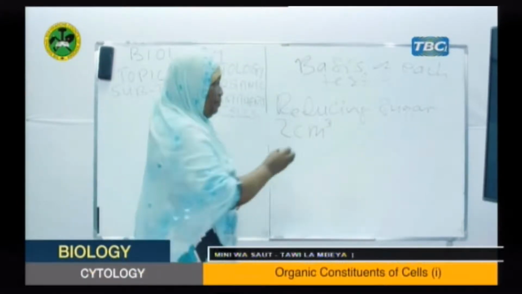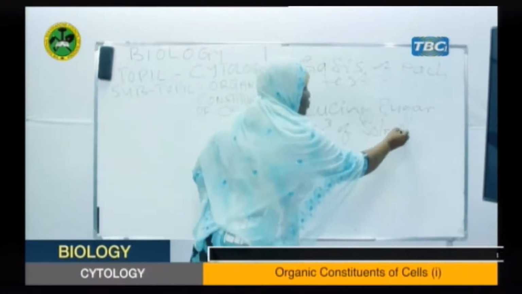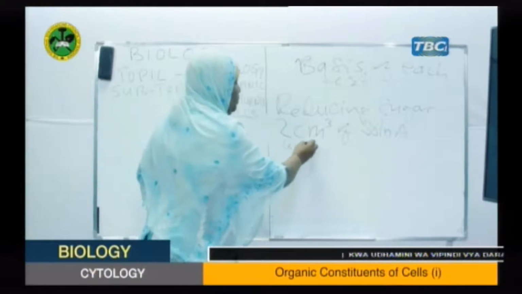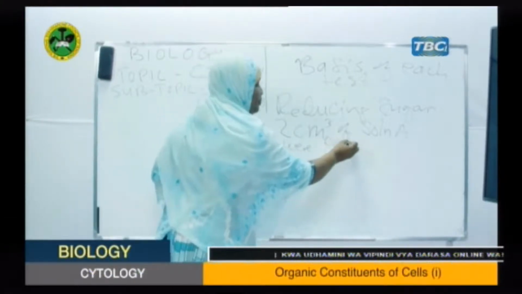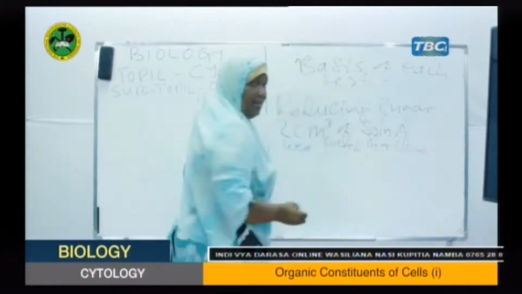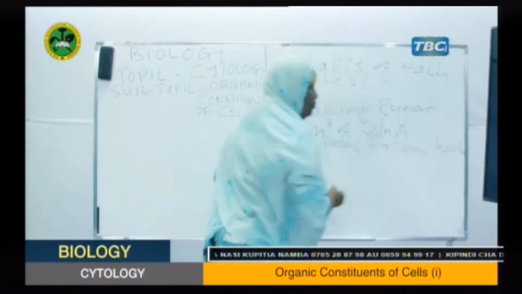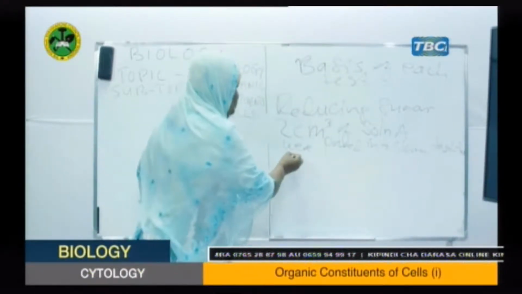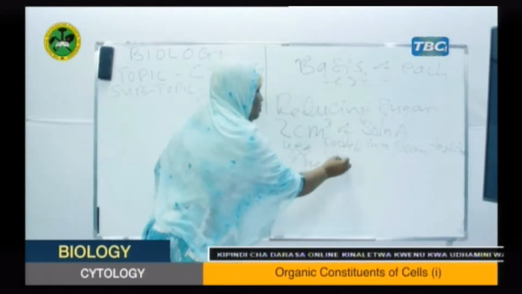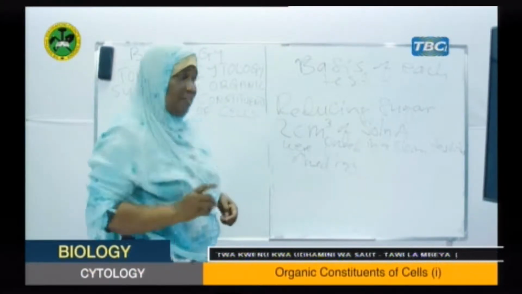For instance, in that case, you may say that 2 cubic centimeter of solution A were poured in a clean test tube, followed by addition of equal volume of Benedict's solution.